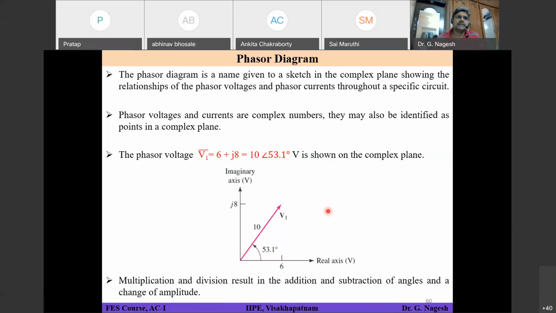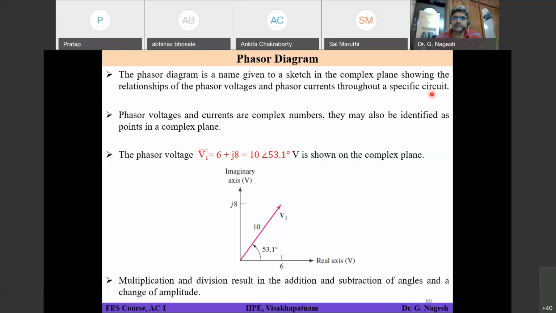The phasor diagram is a name given to a sketch in the complex plane showing the relationships of phasor voltages and phasor currents throughout a specific circuit. If you have any circuit and using different methods you have calculated voltages and currents in different parts of the circuit, all these phasor voltages and currents can be drawn on a complex plane.